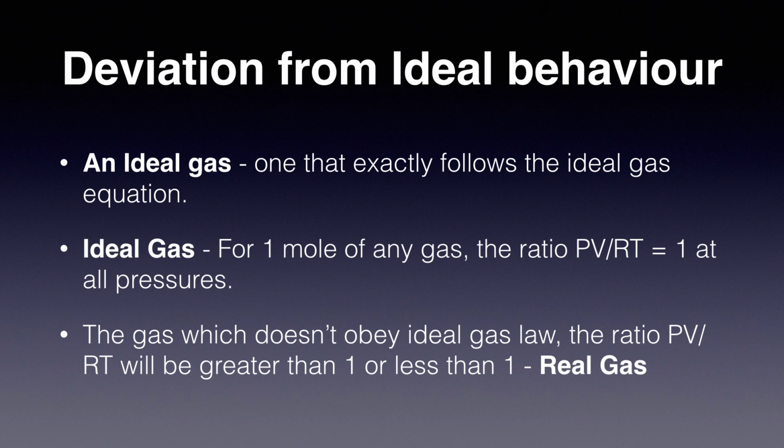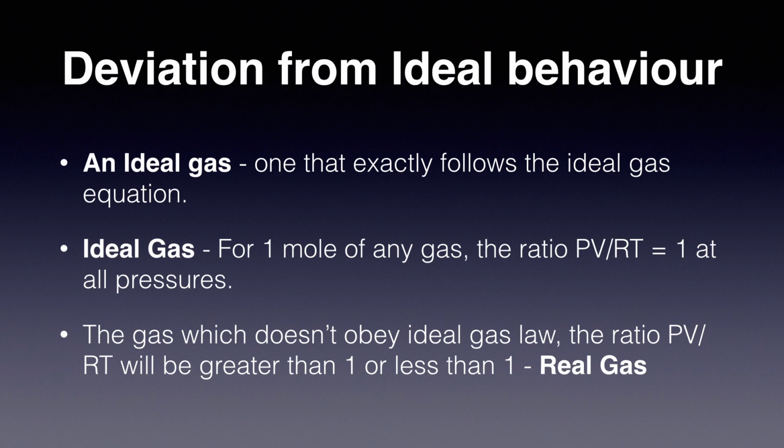Okay, so if the ratio is coming to be 1, then we can say it is an ideal gas. Now if the ratio is not 1, that means it can be greater than 1 or it can be less than 1. That means it does not obey the ideal gas law. Then that kind of gas is said to be a real gas. Okay, so hopefully you understood the difference between ideal gas and real gas.